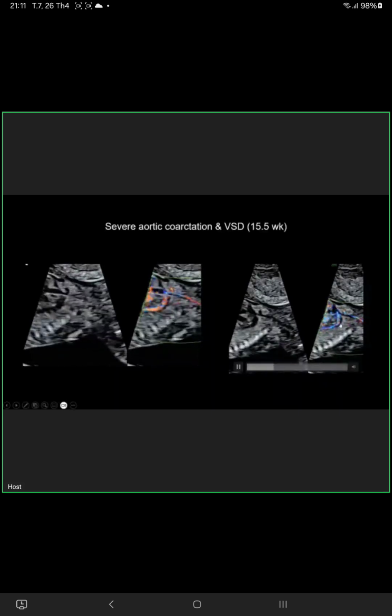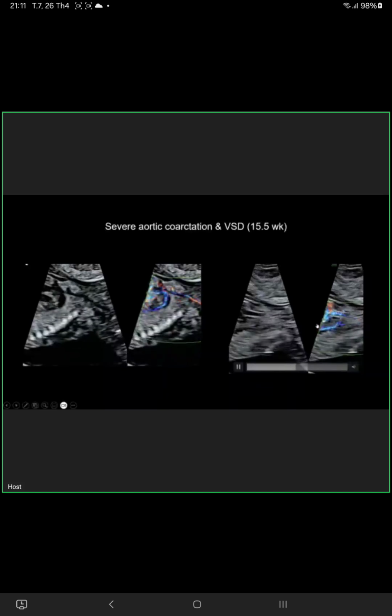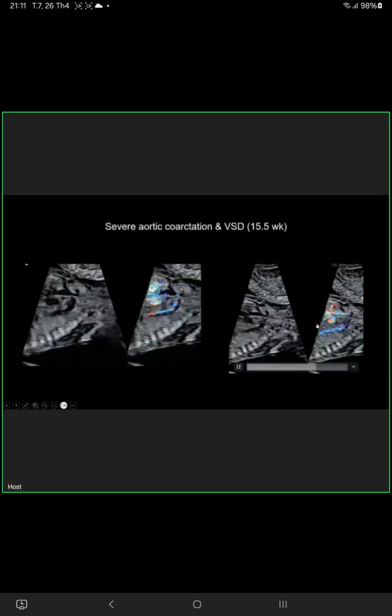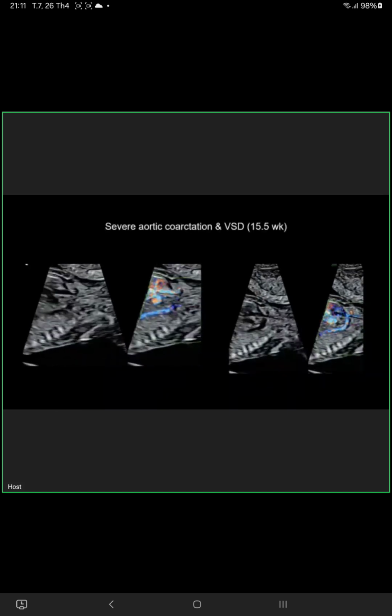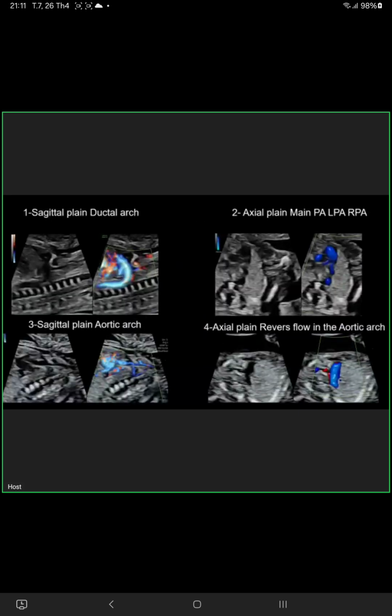Slow flow, you can see here a very small aorta, dysmorphic and small. Sagittal plane, it was the ductal arch. In the axial plane, main pulmonic artery, left pulmonic artery, right pulmonic artery.